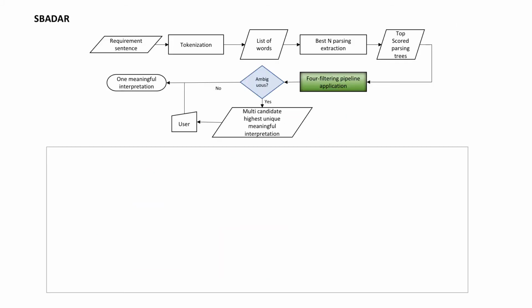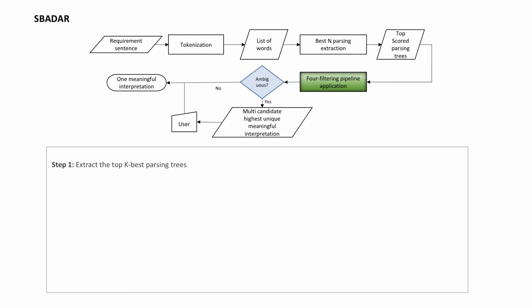The pipeline of our approach is: when we get the requirement sentence, we extract the top k best parsing trees. We do this by applying tokenization on the input sentence to extract a list of words. Then we apply POS tagging and parsing to get the best n parsing trees for the sentence.